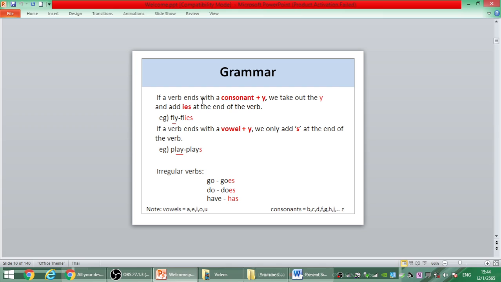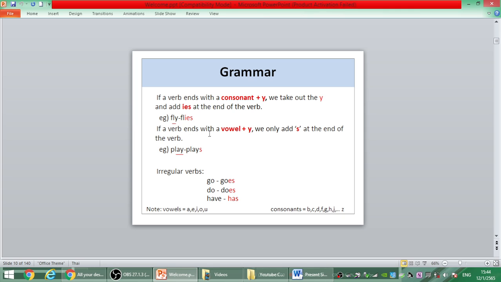If a verb ends with a consonant plus the letter Y, we take out the Y and add IES at the end of the verb. So for example, we have fly, L is a consonant, Y becomes flies, IES.